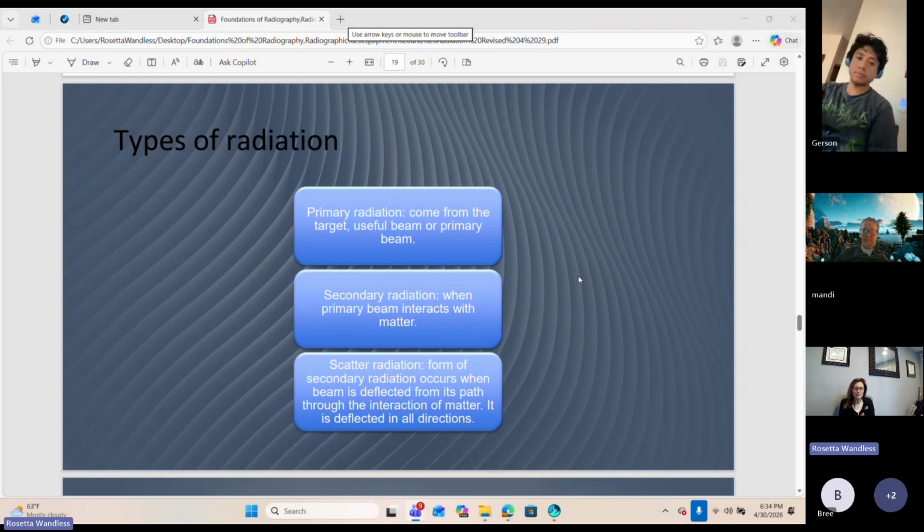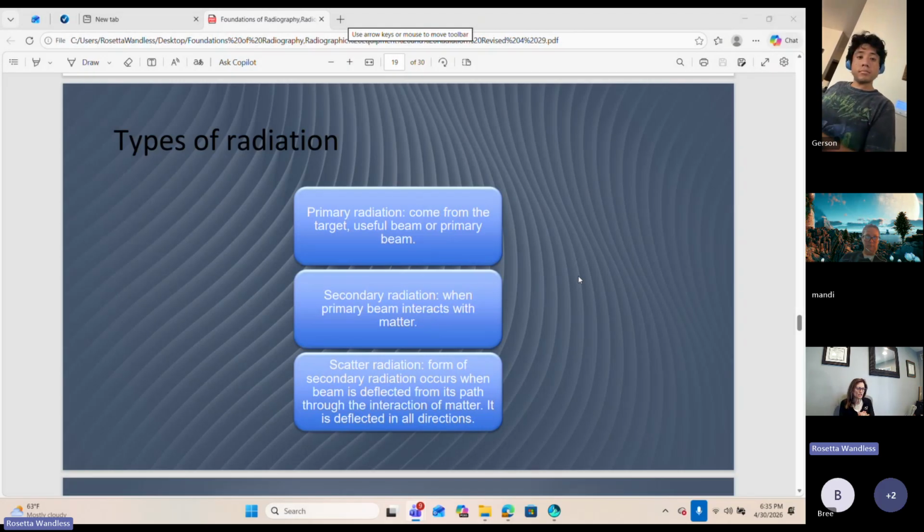That beam of radiation or that ray of radiation that's coming out of the X-ray machine has many different names. We can call it primary radiation. We can call it primary beam. We can call it central ray. Any one of those names, when you hear it, you know that's the first launch of the electromagnetic radiation, the X radiation that's coming out. It is the first thing that's coming out of that machine.